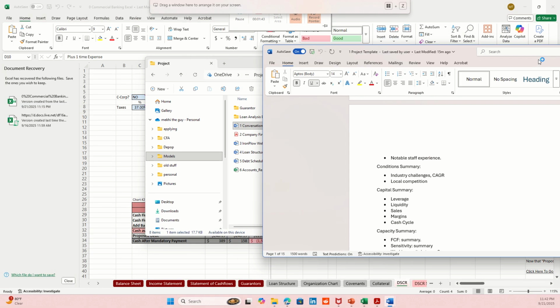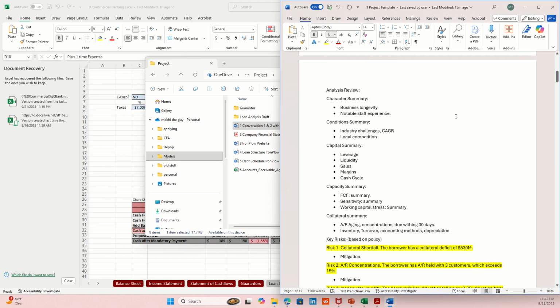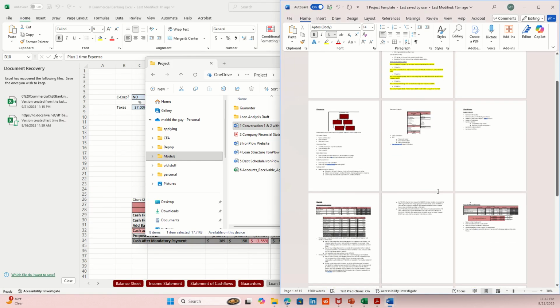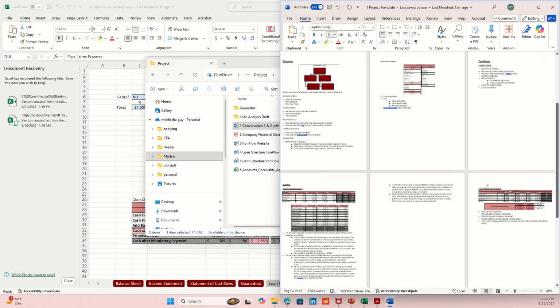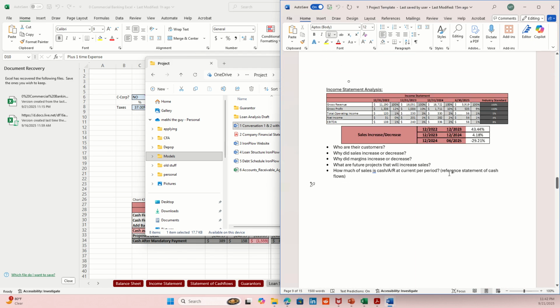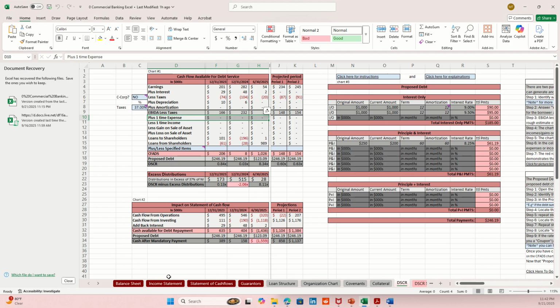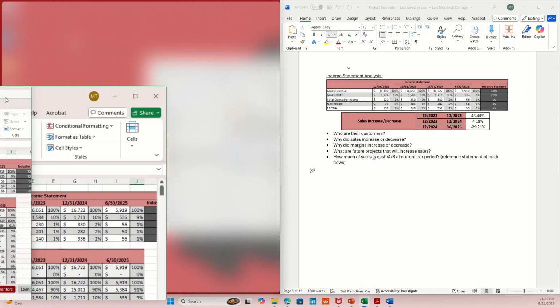So now that we've gotten everything open, let's move this to the side. Let's go to the section that we need to go to. So we have our income statement.